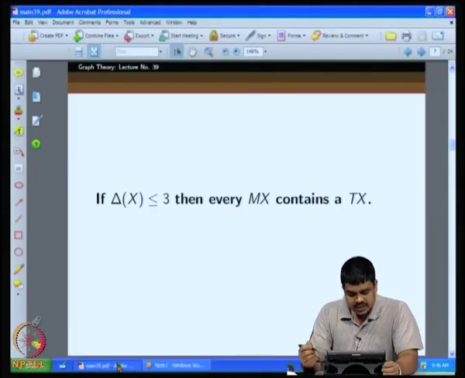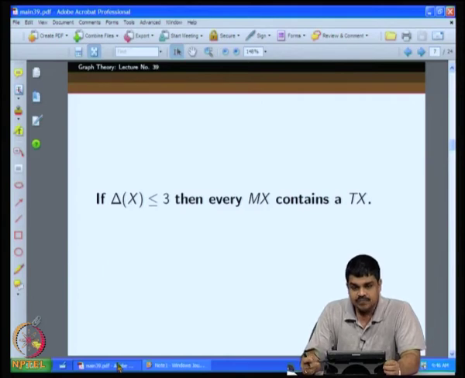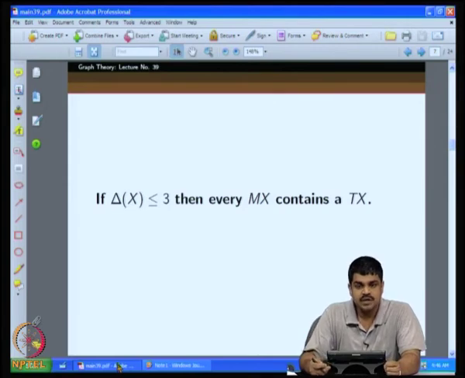Now, on the other hand, we can see that in some very special situations the reverse is also true. That means, if we have a minor, that means if we can identify the branch sets corresponding to a given X, then we can also have a topological minor. So, this happens when delta, the maximum degree of X, is at most 3.